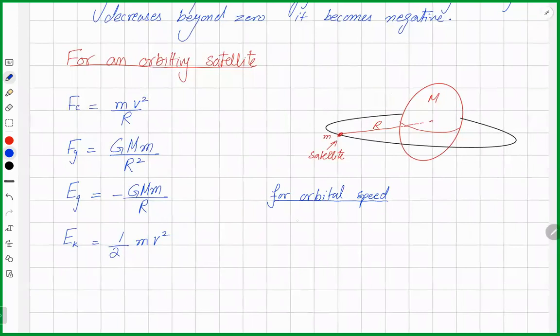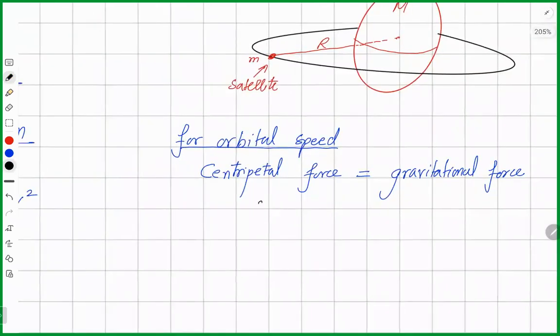Now, for orbital speed, we will put centripetal force equals to gravitational force. m v square over r equals to G M m over r square. And you have to make v the subject of the formula.